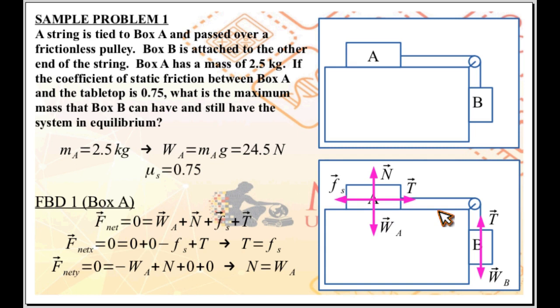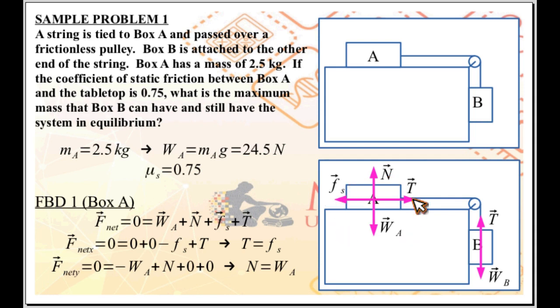The surface will react by producing normal force N. The surface is horizontal, therefore the normal force is vertical. And because of tension T, box A is being pulled to the right. Static friction will arise to oppose that impending motion. Static friction will be heading to the left.